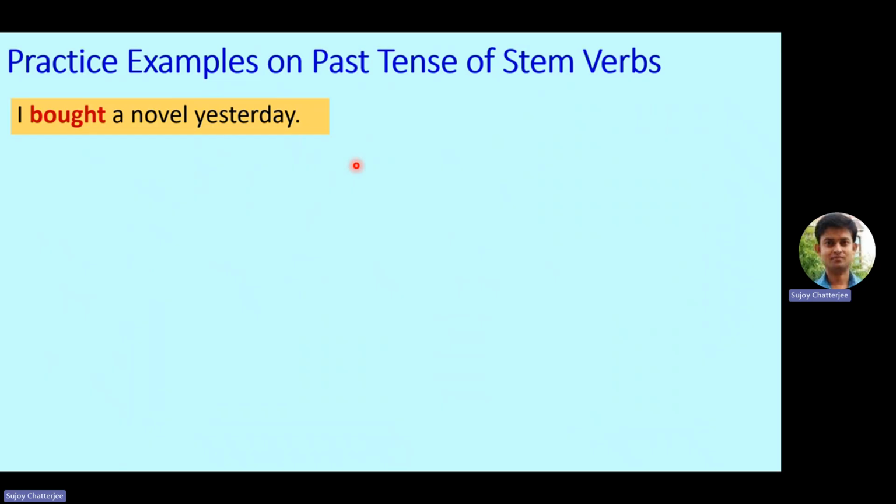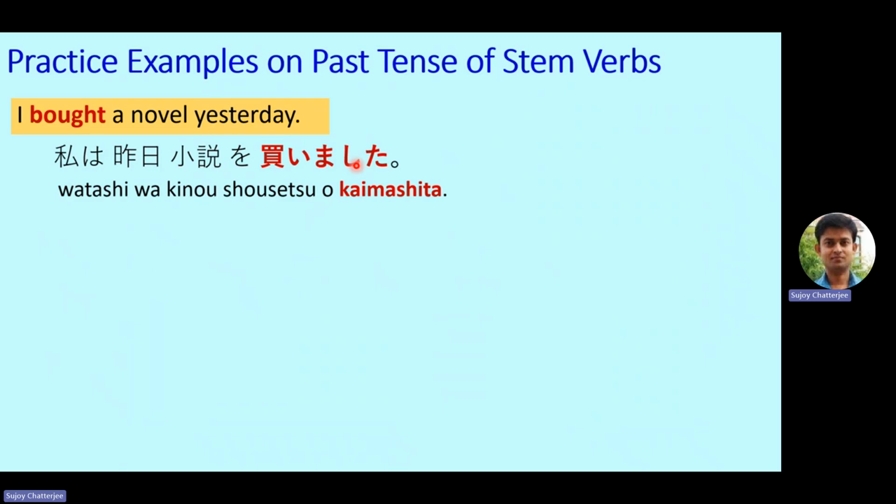Let's take the first example. I bought a novel yesterday. Now we are at a stage where you should be able to translate these simple sentences into Japanese. What would we say in the formal format? It's watashi wa kino shosetsu o kaimashita. We can use watashi wa or not, that's up to you. Even if we don't use it, that's fine, because it is implied that I'm talking about myself.